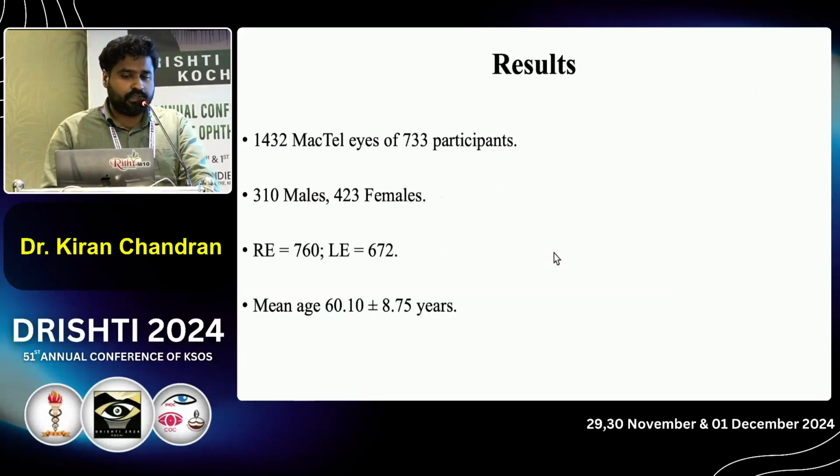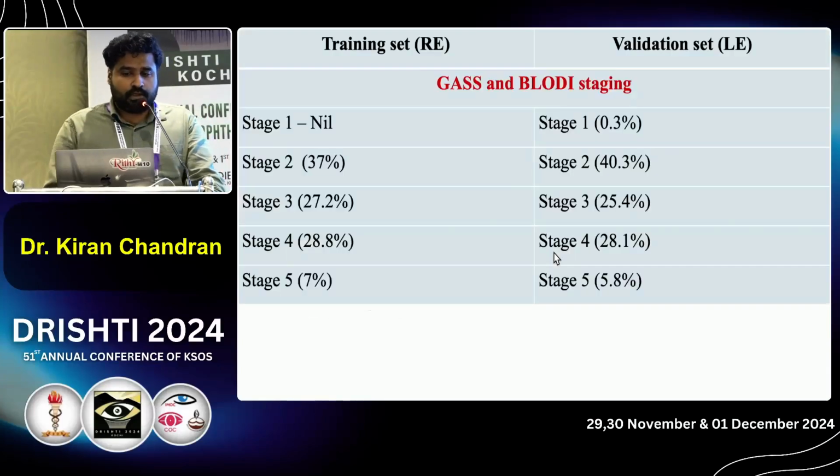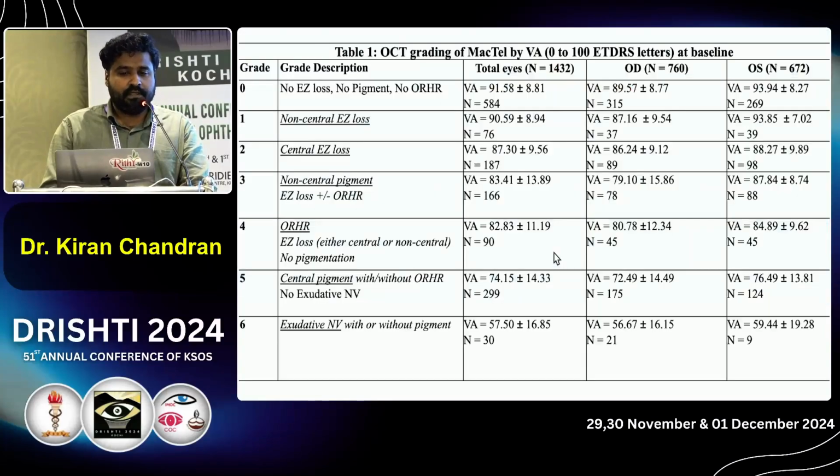Results: 1,432 MacTel eyes of 733 participants were recruited. Majority were females. Right eyes were recruited more than left eyes, and mean age was 52 to 68 years. In both the training and validation set, as per the Gass and Blodi staging, the majority of eyes were in stage 2, followed by stages 4, 3 and 5. So this was the OCT grading which we got after comparing the data.